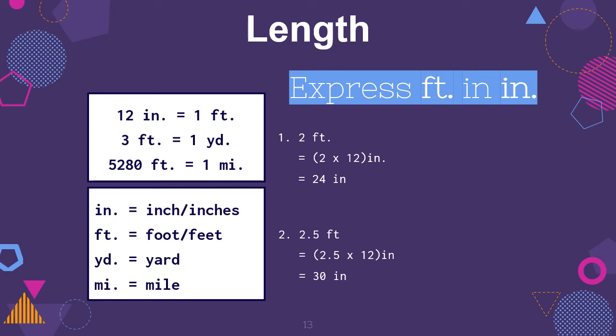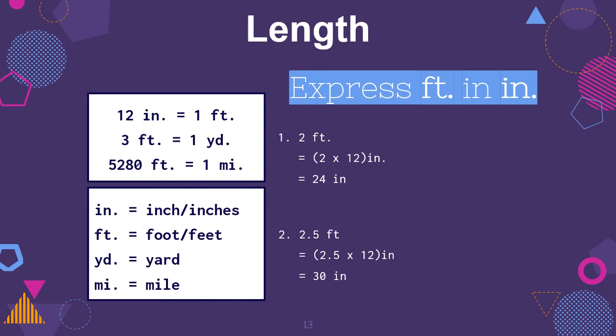So let's express feet in inches. For example, we have 2 feet, or 2 multiplied by 12, since 1 foot is equal to 12 inches. So we have 2 times 12 inches is equal to 24 inches. So 2 feet is equal to 24 inches, and 24 inches is equal to 2 feet. It is vice versa.